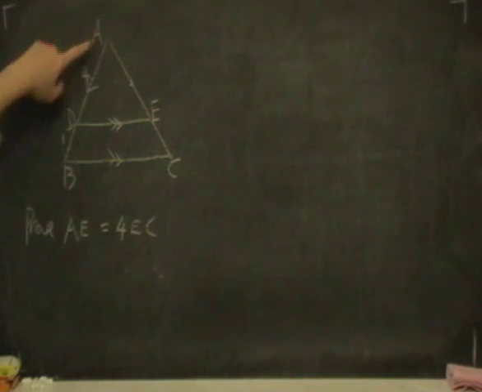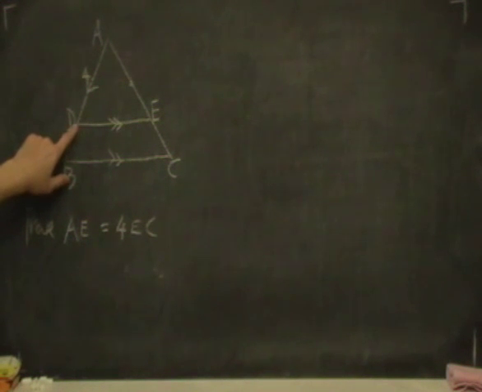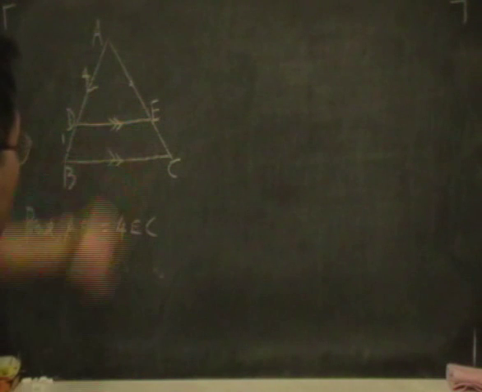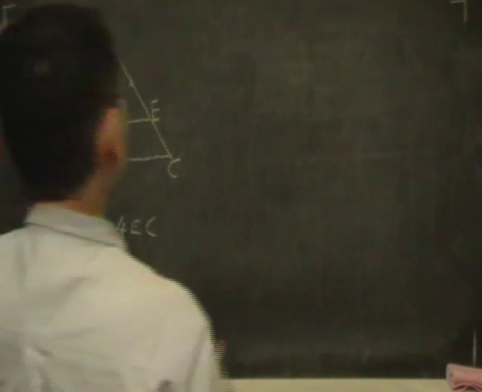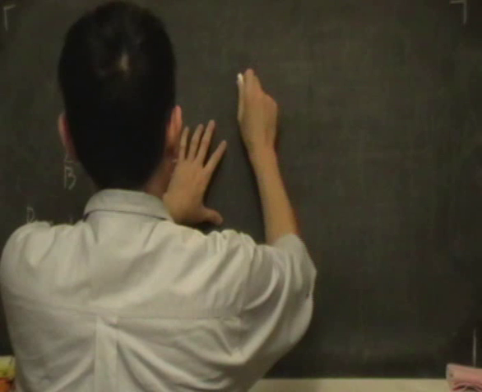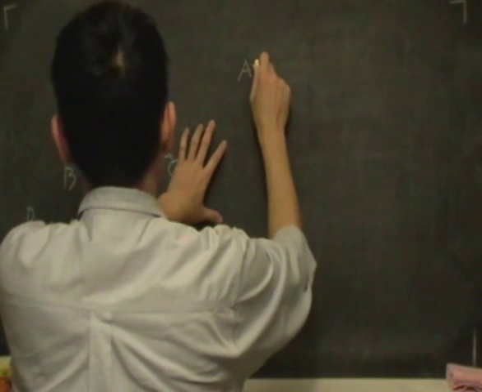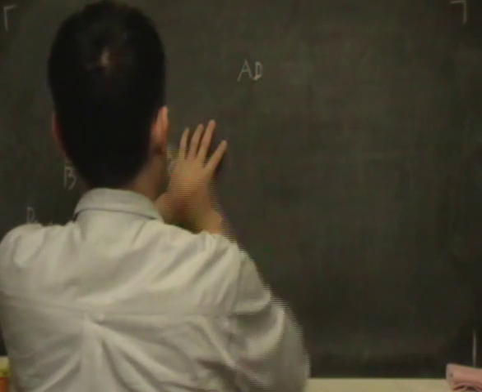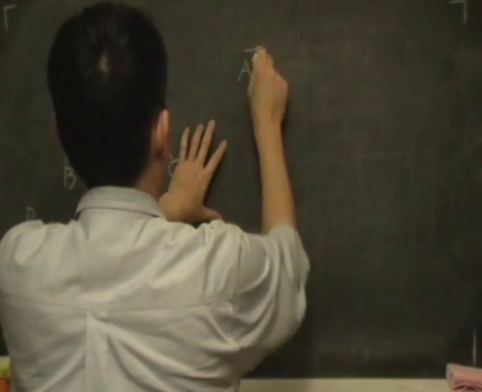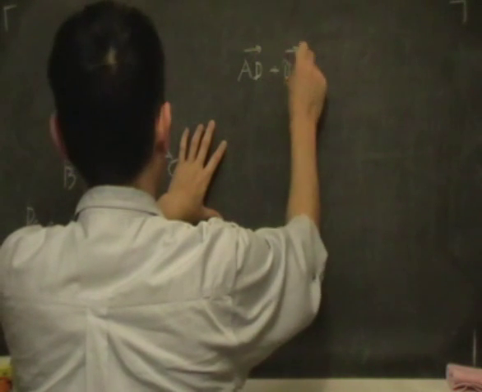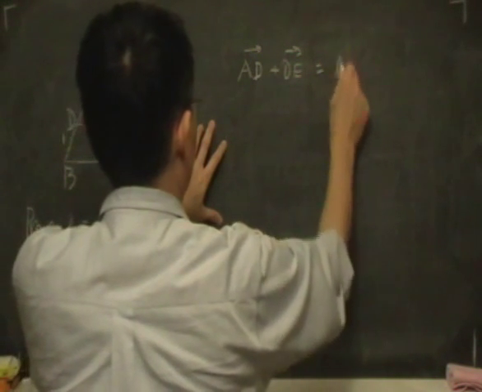So we know that the vector AD plus the vector DE is equal to the vector AE. Let me write that out: the vector AD plus the vector DE is equal to the vector AE.